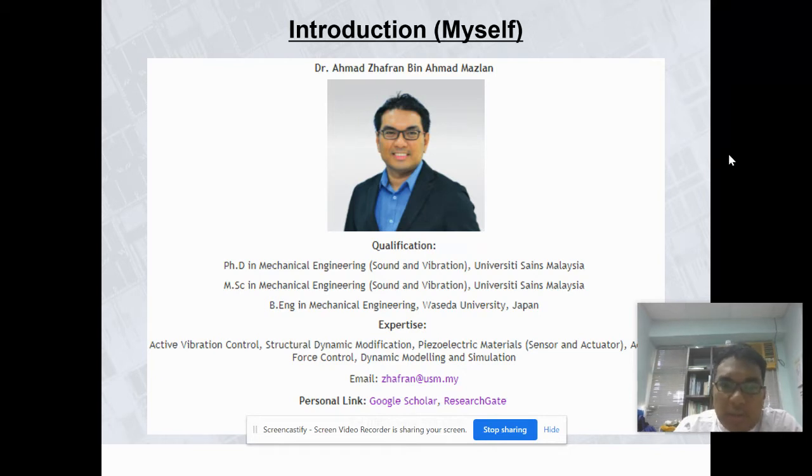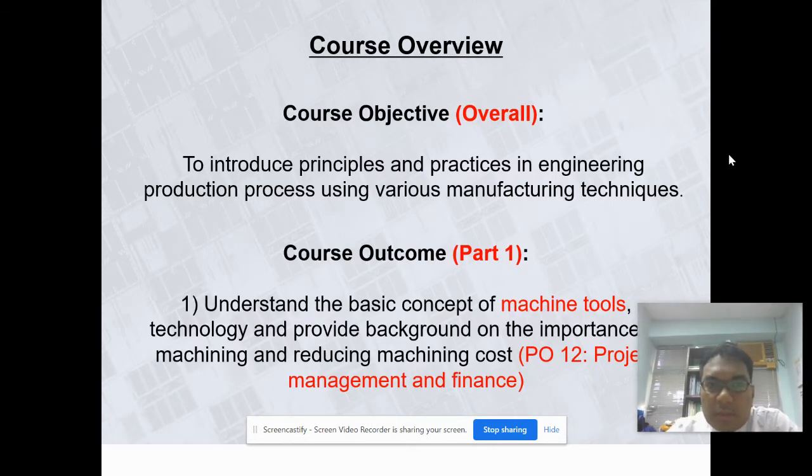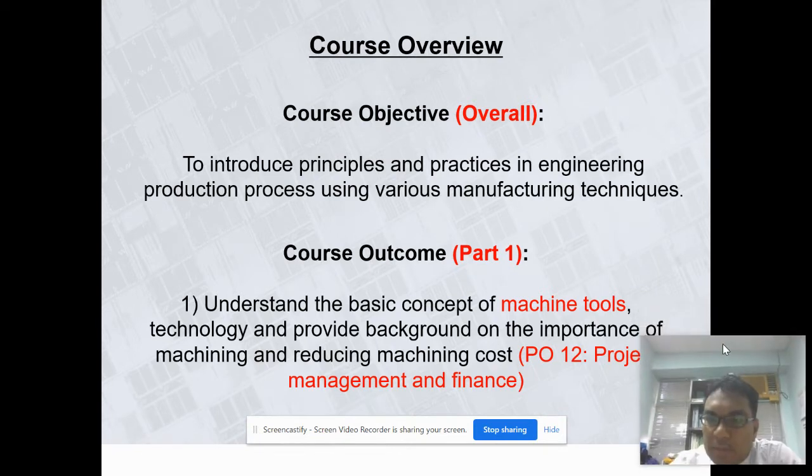Okay, so let's start with the course overview. The overall course objective is to introduce to you the principles and practice in engineering production processes using various manufacturing techniques. When you go to industry after this and become an engineer, you will be exposed to a lot of devices, machines, and of course the various manufacturing processes of your company's products.